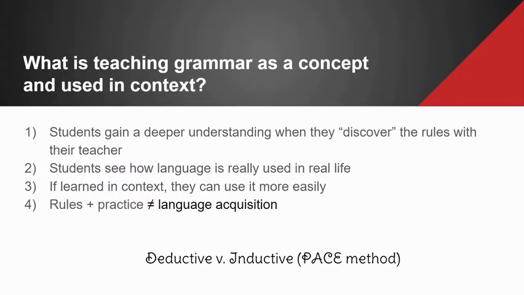The fact of the matter is, research has shown that rules and practice do not mean that they're learning the language. They may be learning to some extent, but when trying to apply it in real life situations, they stumble, they struggle, and they want to go back to completing a worksheet so they can show that they can do it.